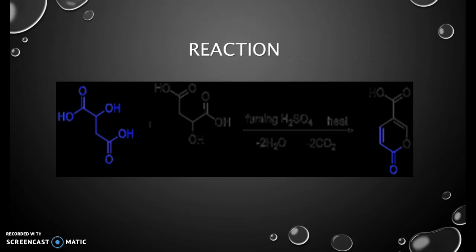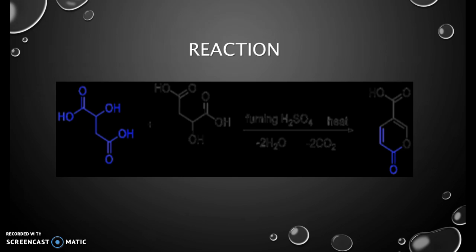This is a reaction, and in this reaction, malic acid undergoes self-condensation. It's formed with fuming sulfuric acid.